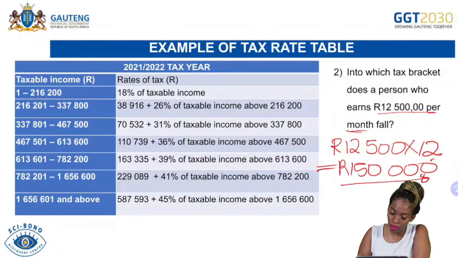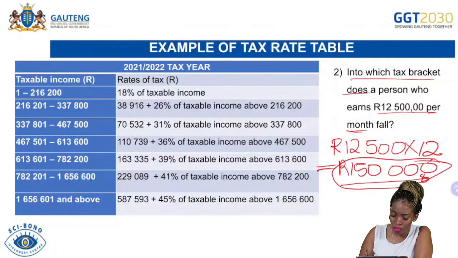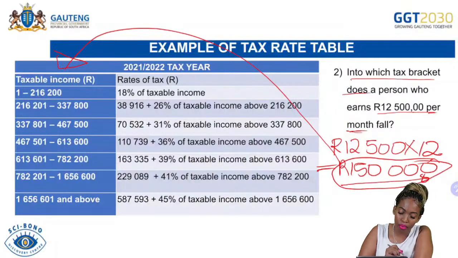So now, have you answered the question? No. What was the question? Into which tax bracket? Now that you've got the 150,000, you can go back to your taxable income and check where 150,000 falls. It falls under bracket number 1.